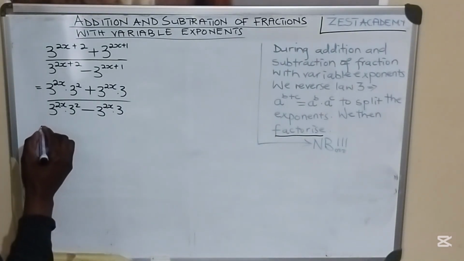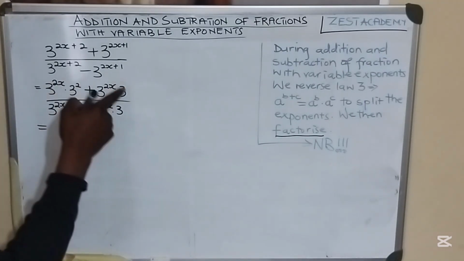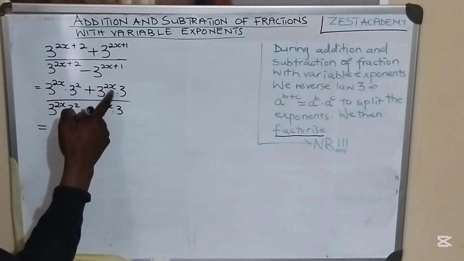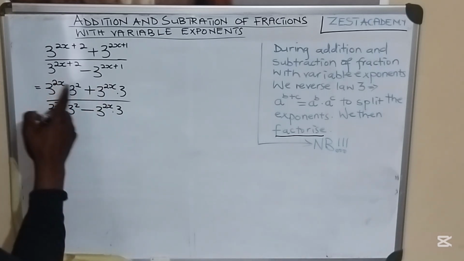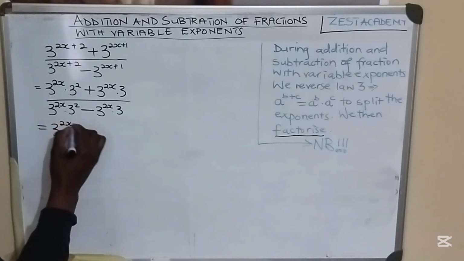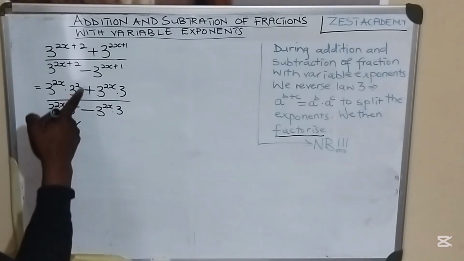Right, let's factorize. If we factorize here, we see what is common here and what is common here and there. It is 3 to the power of 2x, 3 to the power of 2x, and 3 to the power of 2x. Right, so let's take it out. If we take that out, then inside the bracket, remember what is it that we're going to have?